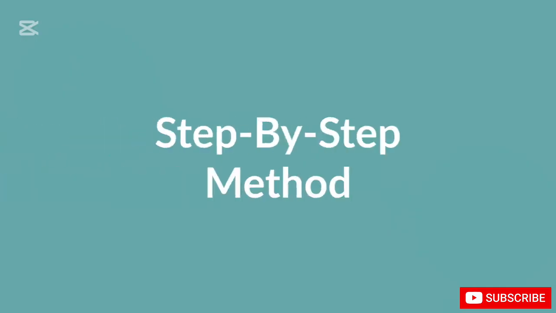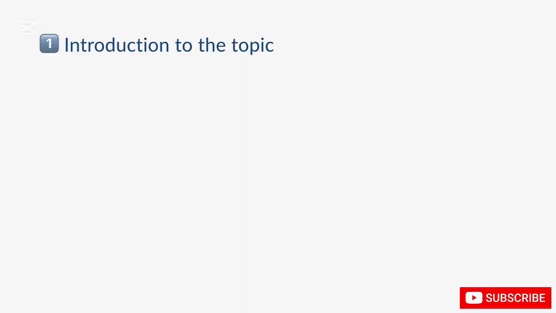Each section follows a step-by-step method, and there are 8 steps in total. First, watch the short introduction to the topic. This will get you thinking about the topic. Next, I give my short talk about the topic. Listen to it carefully.